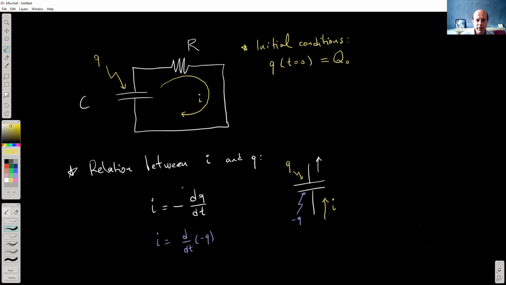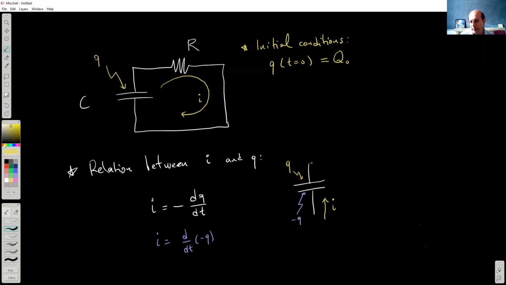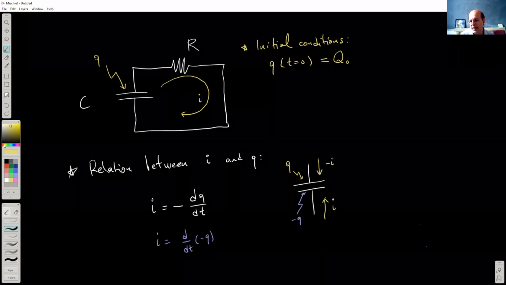Or I can think of it like this. If the current in the upward direction is positive, then the current in the downward direction is minus I. If the current in the upward direction is I, then the current in the downward direction is minus I. Right? That's the correct thing. So in that case, this minus I current is filling up the charge on that plate.